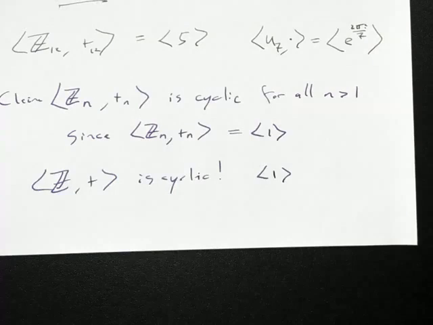I get all the negative numbers. And then closure and identity, generated. I like cyclic groups. You have to know what one thing is to generate the whole thing.